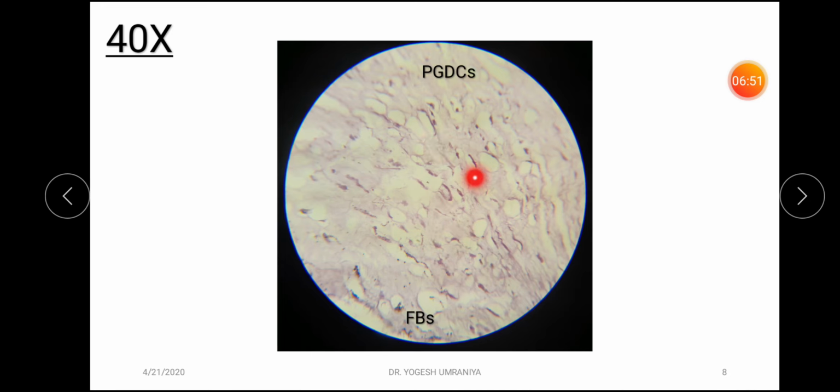You can see the nuclei of the cells, polygonal decidual cells, that are purple in color, as well as the nuclei of the fibroblasts. So that is something regarding the identification points of the histology slide of the placenta.